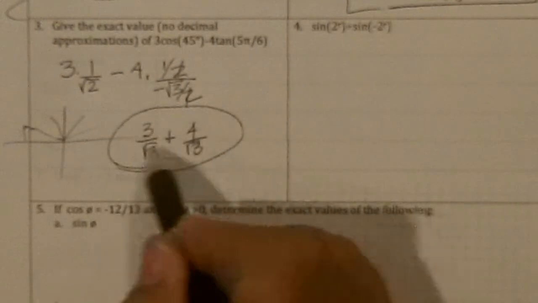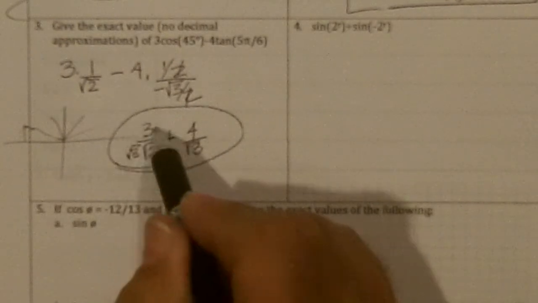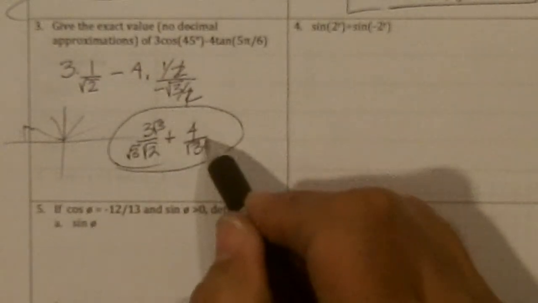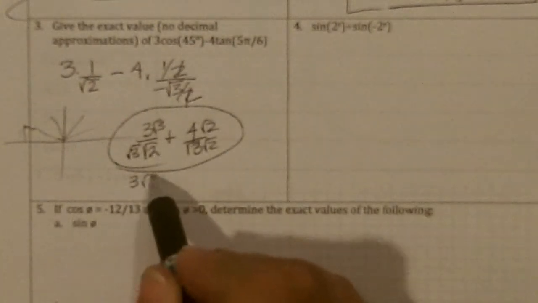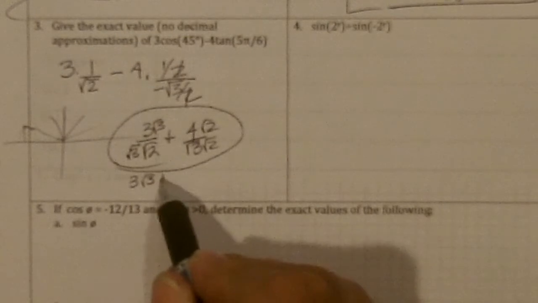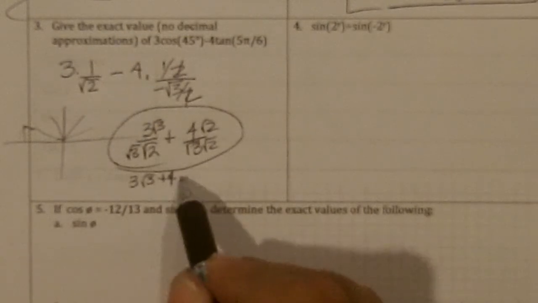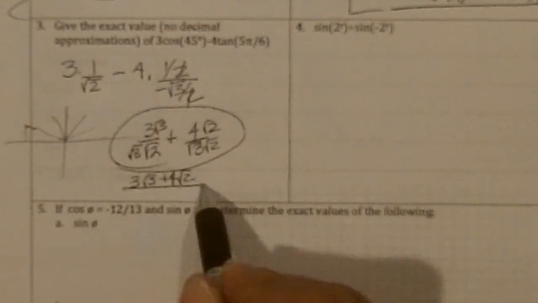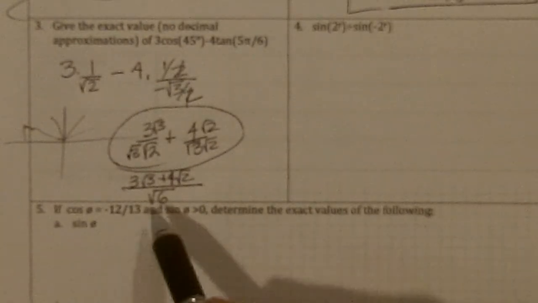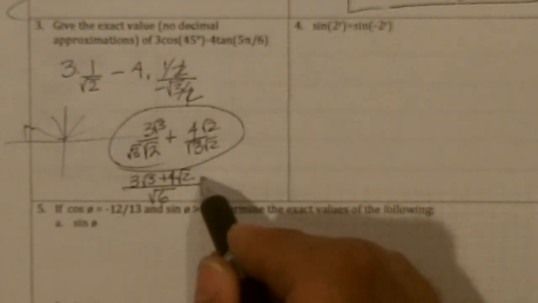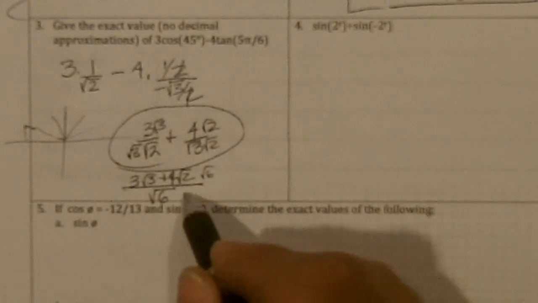That would be square root of 3, square root of 3, square root of 2, square root of 2, and I would have 3 square roots of 3 plus 4 square roots of 2 over the square root of 6. And I haven't rationalized yet, so then I'd multiply by the square root of 6 over the square root of 6.